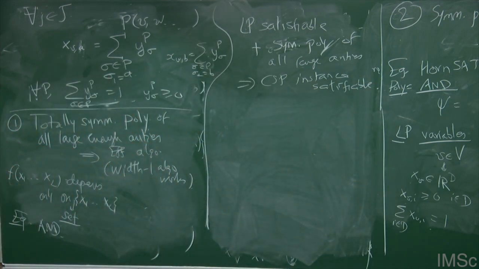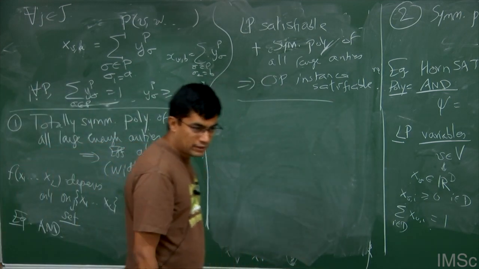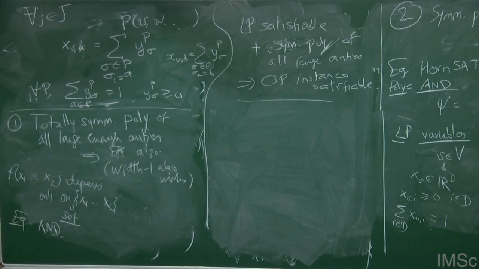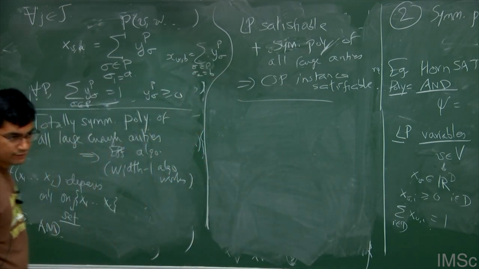Okay, this is what we need to prove, and the proof will be basically algorithmic as well. But if you just want the decision version, is the instance satisfiable or not, this already gives you this. Check if the LP is satisfiable. If so, output the instance is satisfiable.